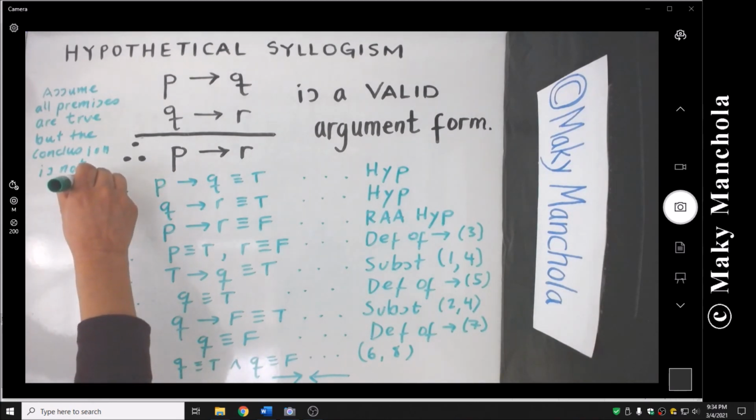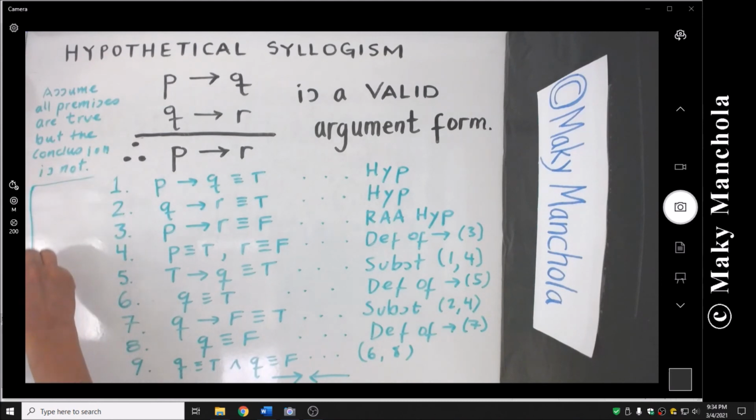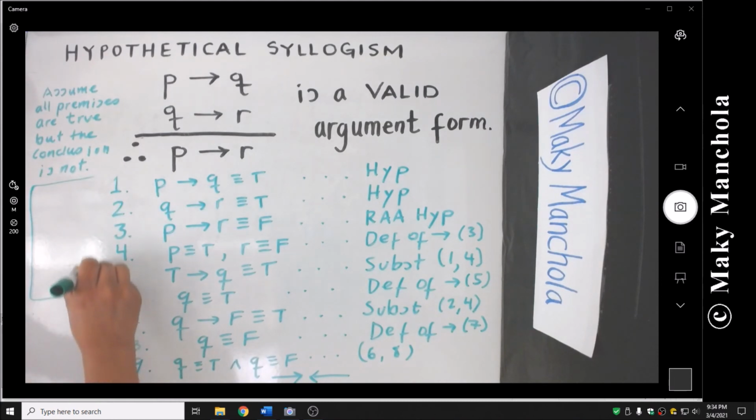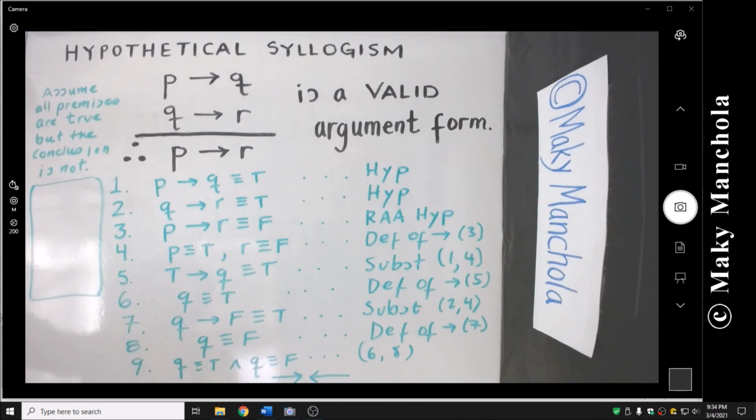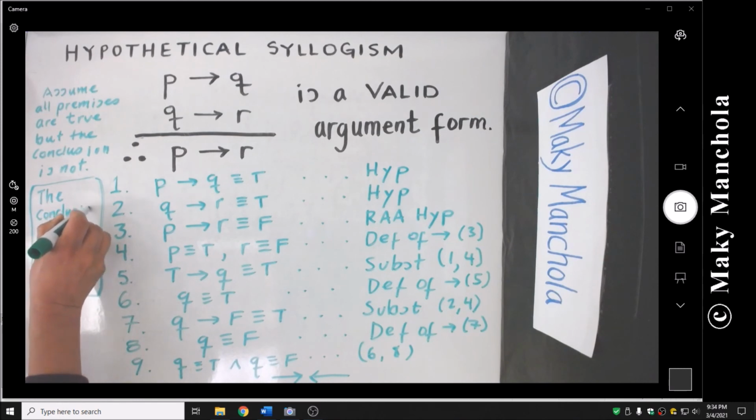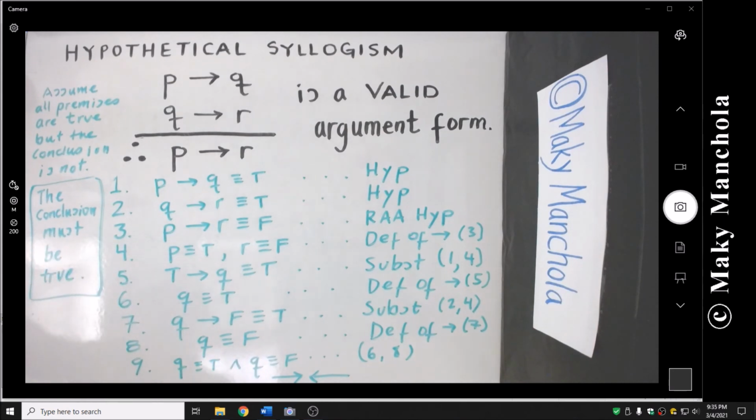That means that all premises being true leads to the conclusion also being true. So the conclusion must be true. And that completes our proof.